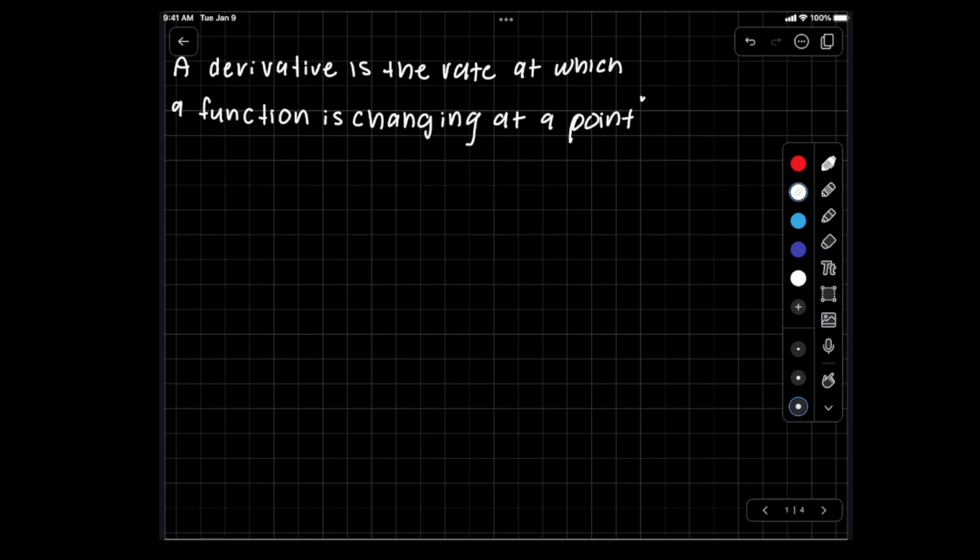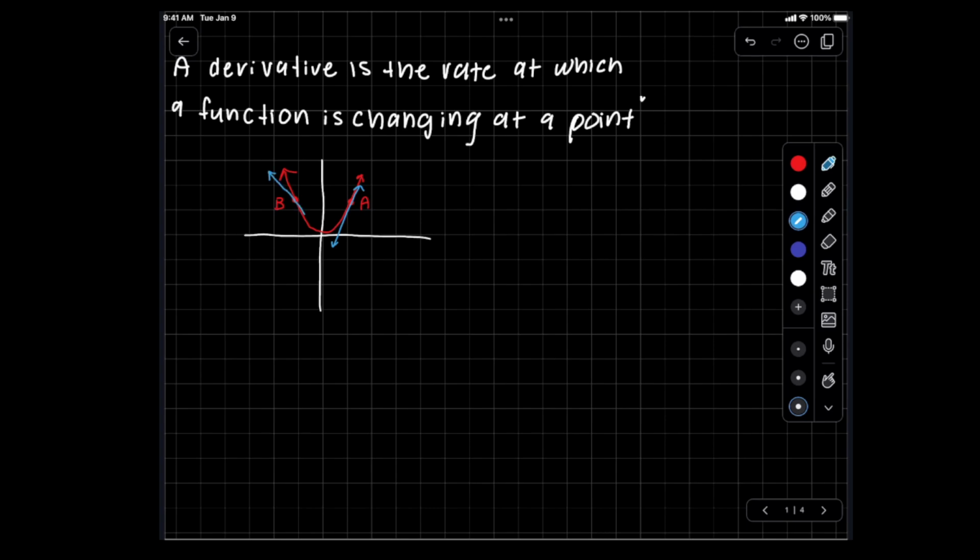So let's draw an example graph of a simple function like x squared. The derivative at a certain point, let's call this point A, and this point B, will be the slope at point A and point B. So A would be here, and B would be here.